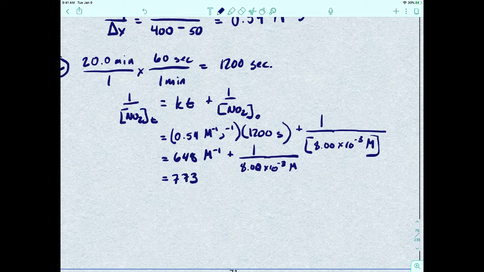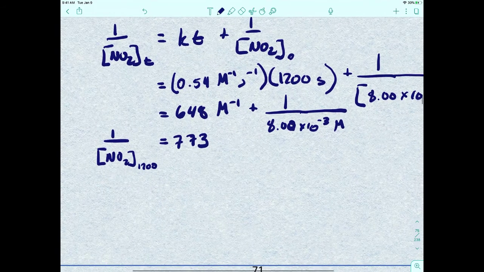Now this is going to be equal to 1 over the concentration of NO2 at 1200 seconds. So let me write the 1200 in. Now we've got to do some finagling in order to get the concentration of NO2 by itself.